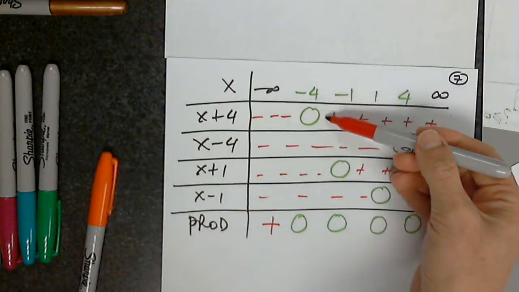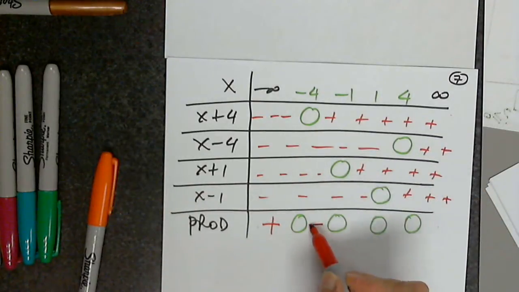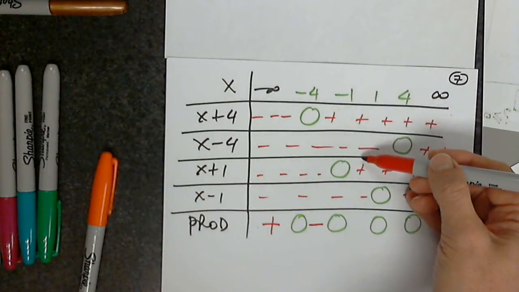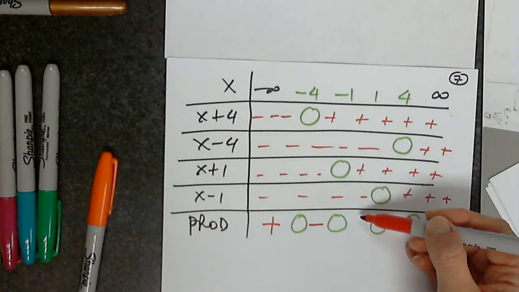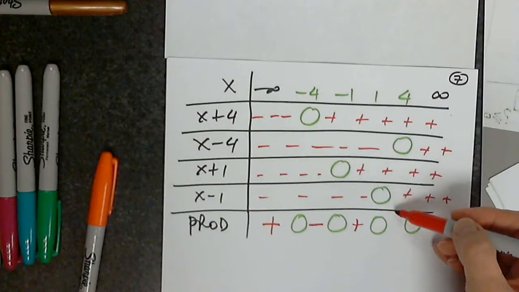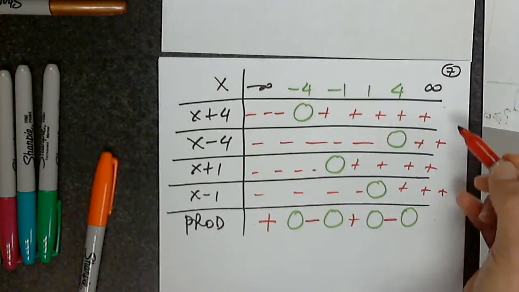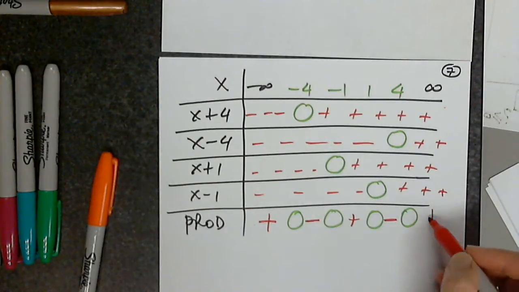In the next subinterval, I counted 3 negatives. In the next, 2 negatives. In the next, careful, I counted 1 negative. And in the last one, good.